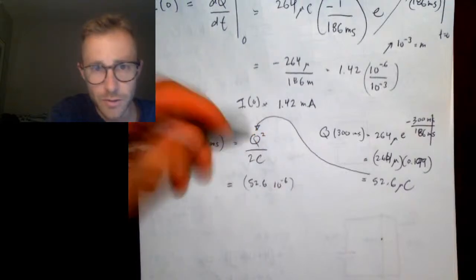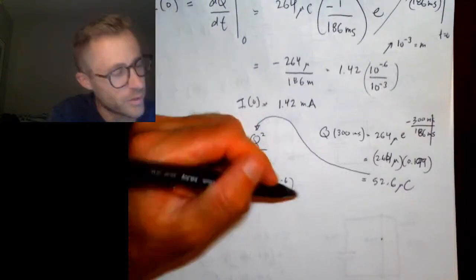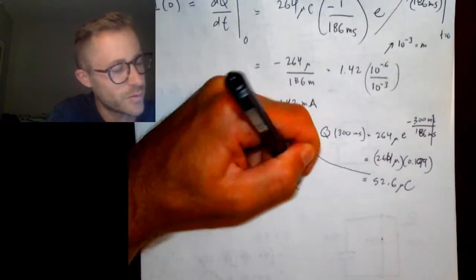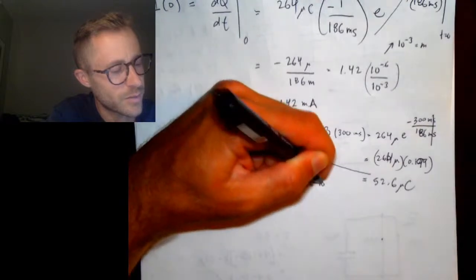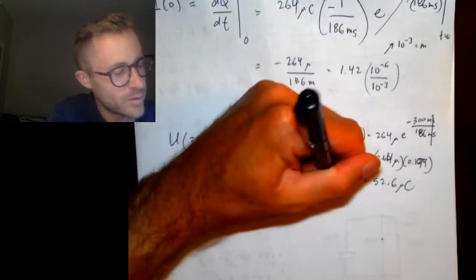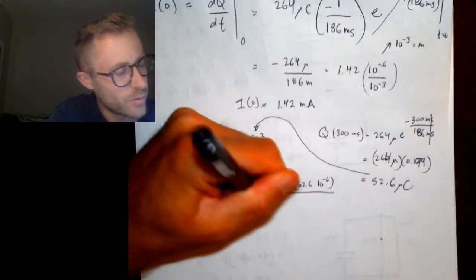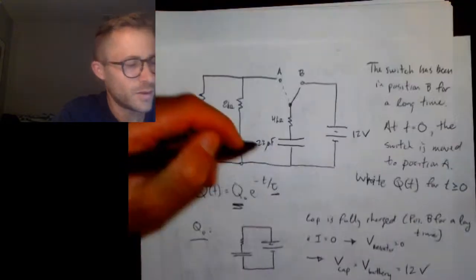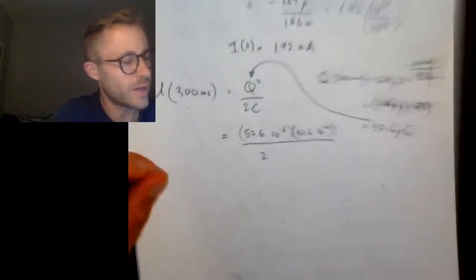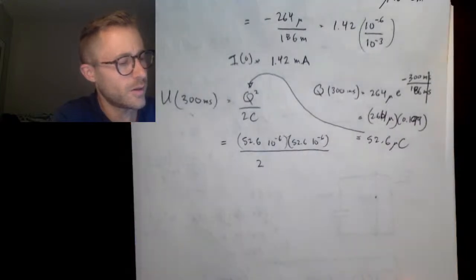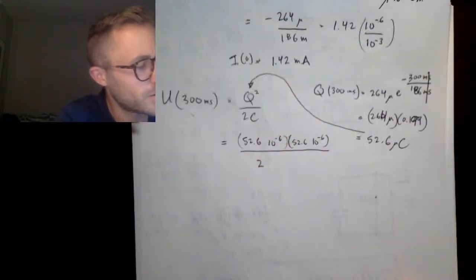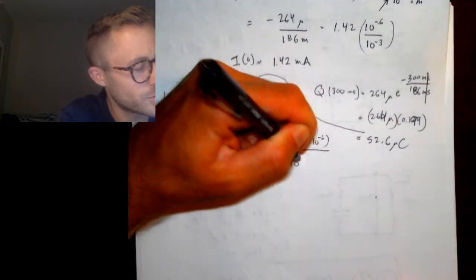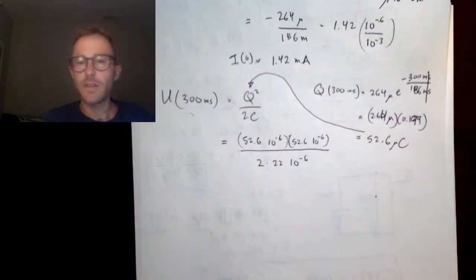And I'm going to write this out in gory detail just because you really have to be careful about these powers of 10, okay? It's Q squared, so I have 52.6 times 10 to the minus 6 divided by 2, and the capacitance, I forgot what the capacitance was. It was 22 micros, so that is also 10 to the minus 6. So 22 micros, like that.